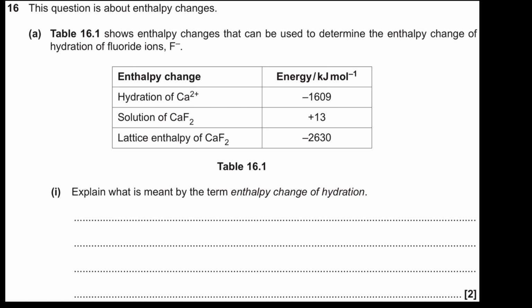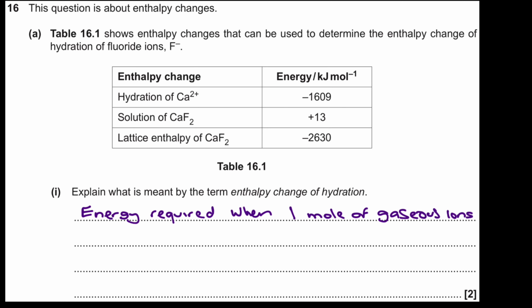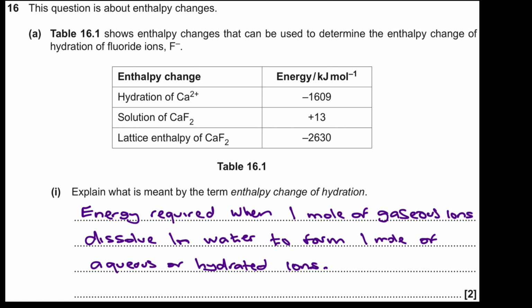This is a recall question, and to define it, we can say the enthalpy change of hydration is the energy change when 1 mole of gaseous ions dissolves in water to form 1 mole of aqueous or hydrated ions.